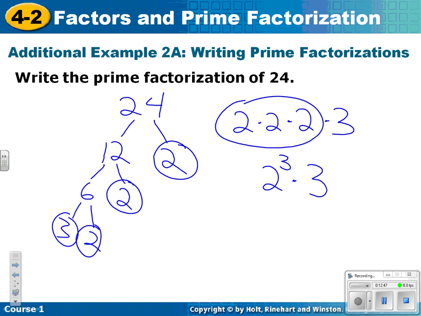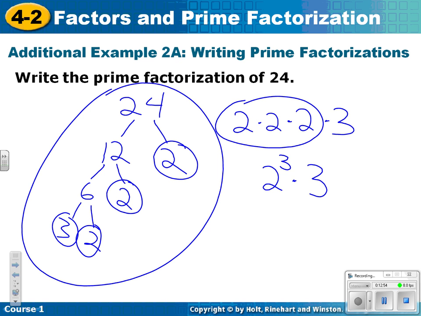Now, in previous grades, you guys probably got this far right here and were able to stop. And maybe even last year, Mrs. Redash let you just do this. But I'm taking it one step further, and this is the kind of answer that I want from you. I'm just shortening this up. 2 to the 3rd times 3. These are all prime numbers.